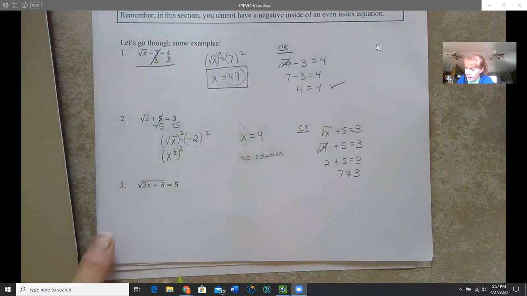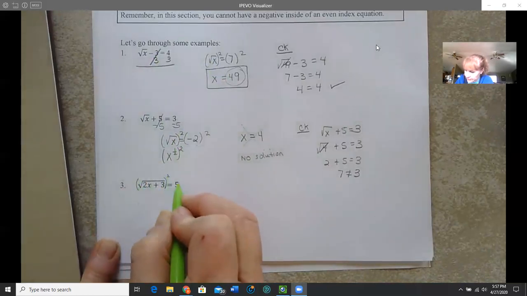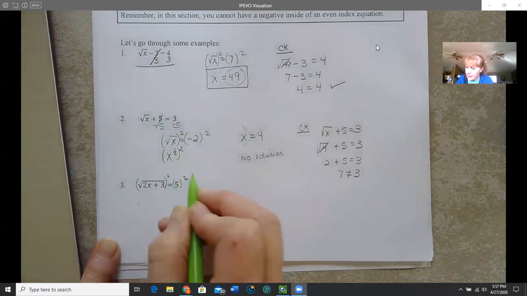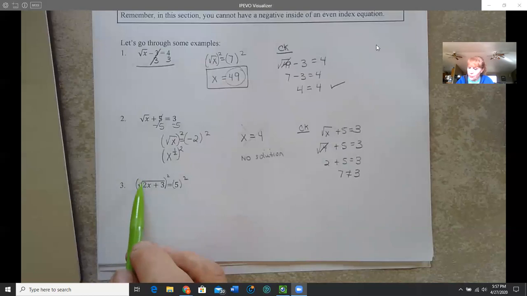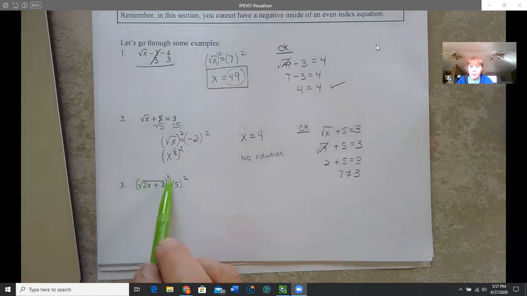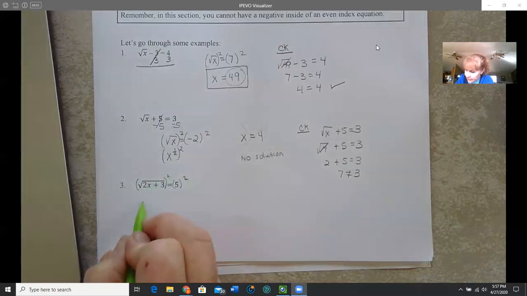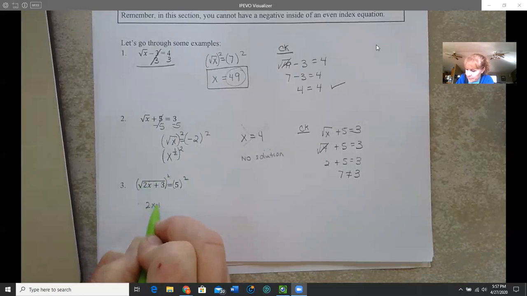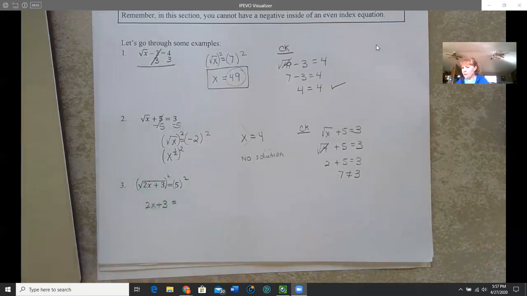So we're going to square both sides because the radical is already by itself. Since it's a square root, I'll square. So this right here will cancel out the square root, and we end up with just 2x plus 3.